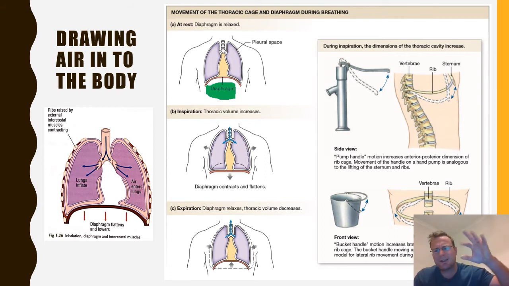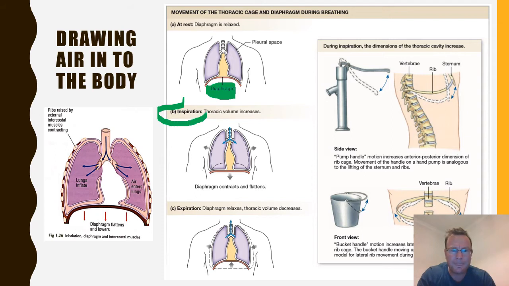When you see young kids breathing, their tummies make this lovely out and in motion, and this is the diaphragm working. It's the abdominal contents moving forward, because when the diaphragm contracts, it flattens, as you can see in picture B, and with that it brings the lungs with it.